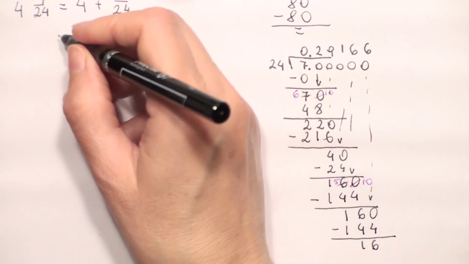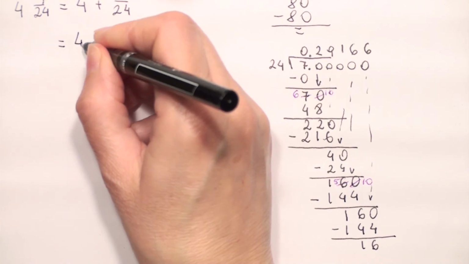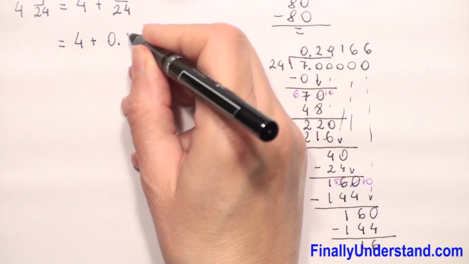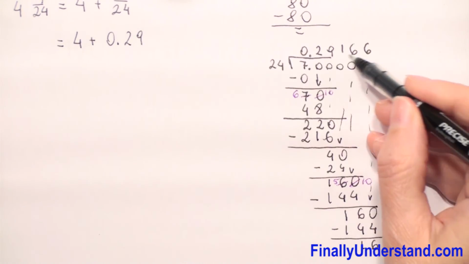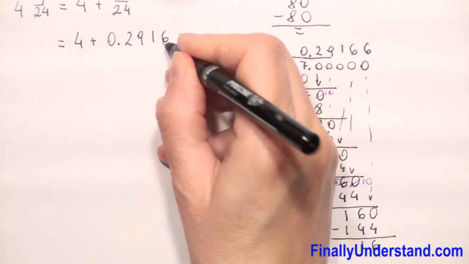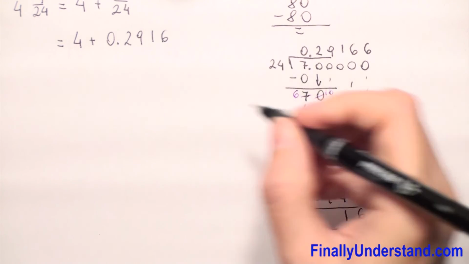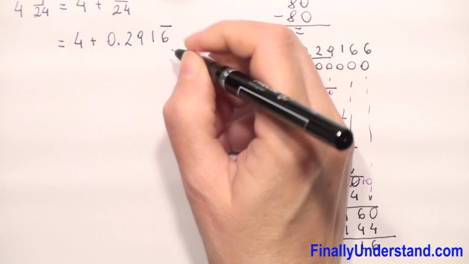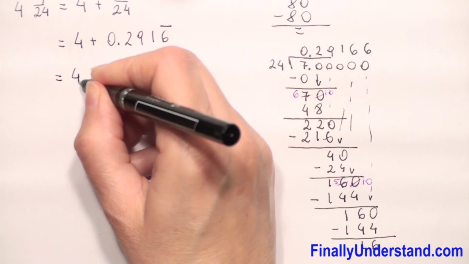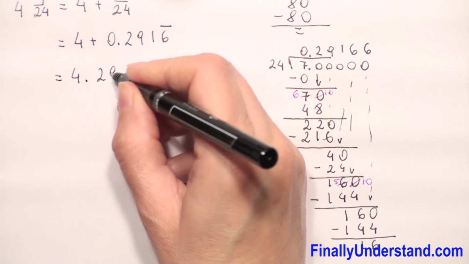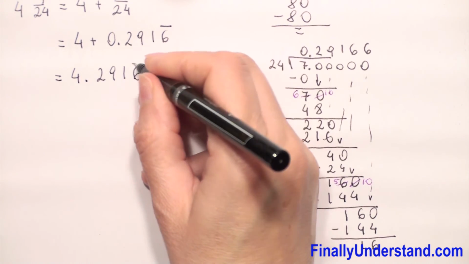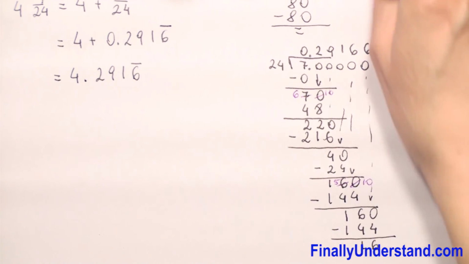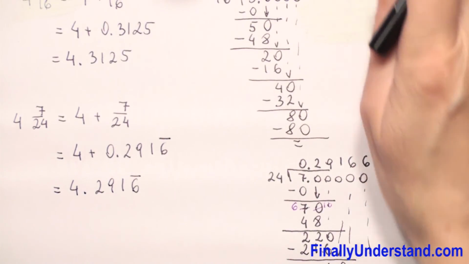So we will rewrite our number as a decimal: this is 0.29, you have to copy 1, 6, and because 6 repeats, I will just add a bar above 6. It means that this number repeats. And now this is equal to 4.2916.